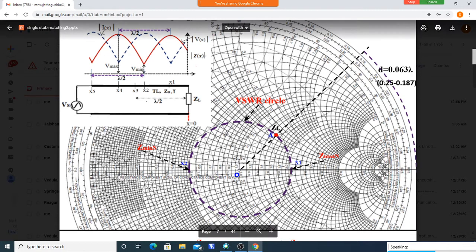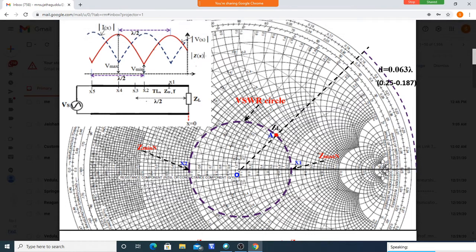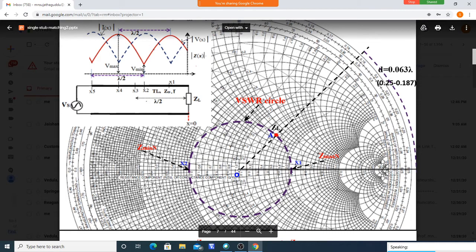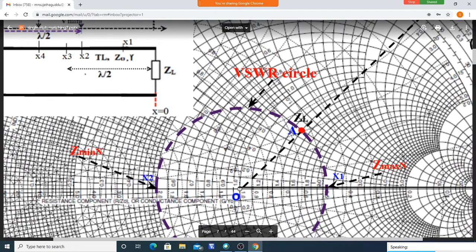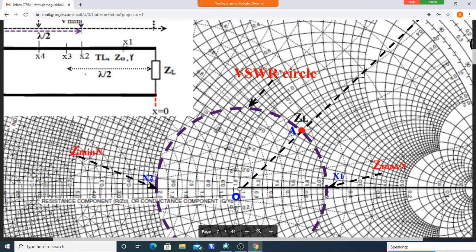So there only occurs a V maxima, at this distance x1. You can read the impedance here from this Smith chart. It is around 2.2. Here this is 2, this is 3, and this is 2.5, and this point is a little bit away from 2, it may be 2.01, nearly 2.